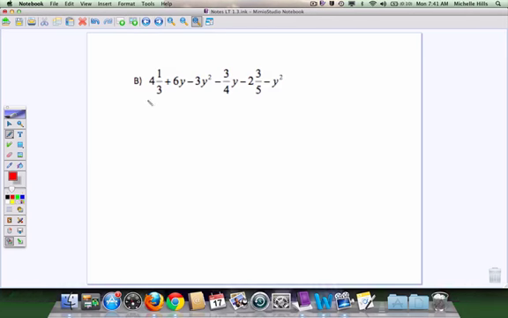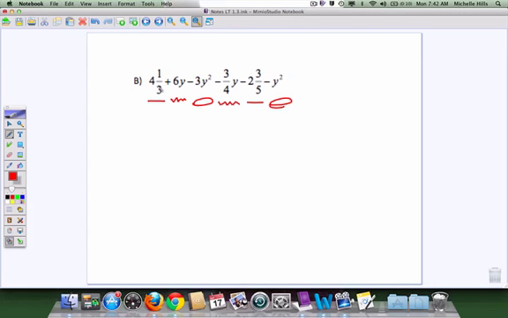Again, my like terms, the first one is a constant, so I look and there's another constant. There may be no like terms with something, or there may be 3 of the same kind sometimes, or maybe even 4. Then I'm looking at y to the firsts and y squareds.